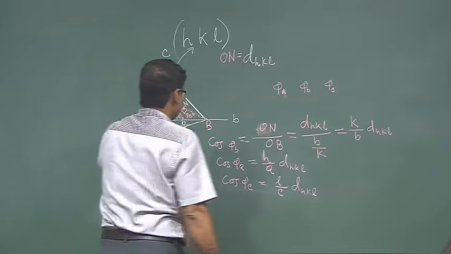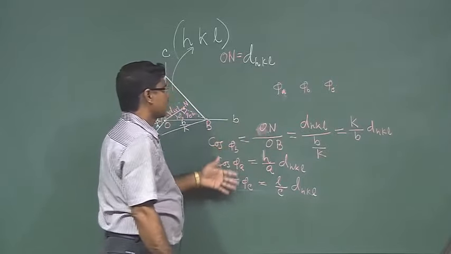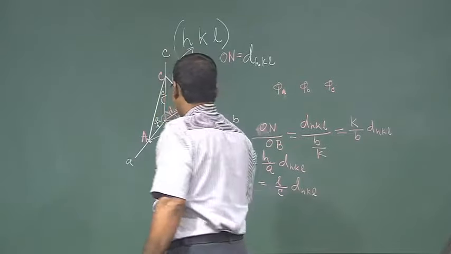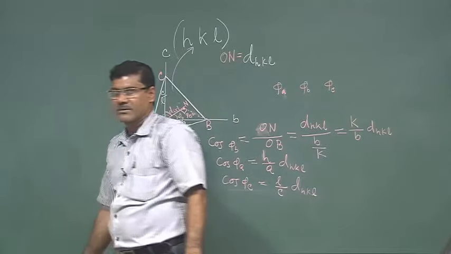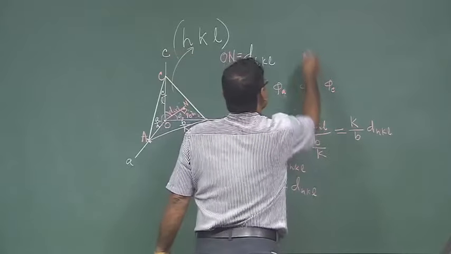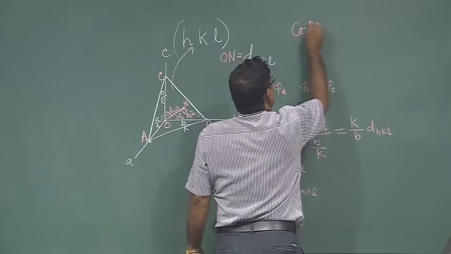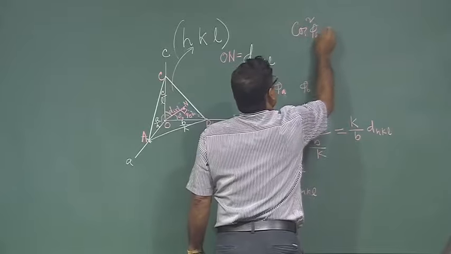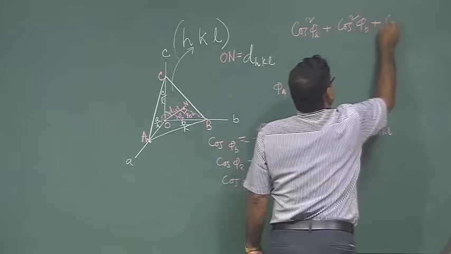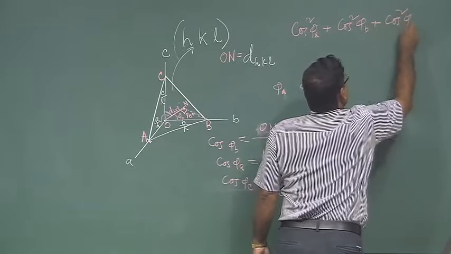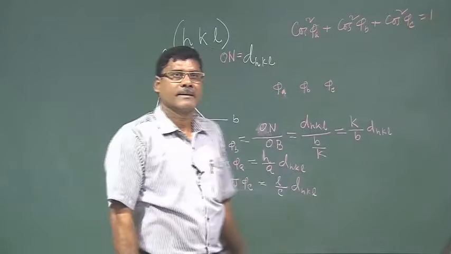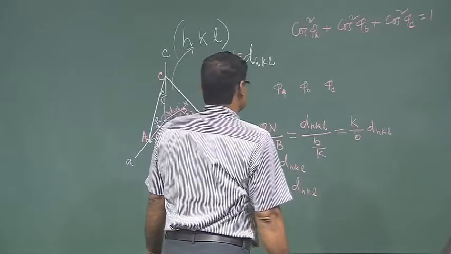So here cos phi A, cos phi B, cos phi C are the direction cosines of this normal. So it follows the cosine rule: cos square phi A plus cos square phi B plus cos square phi C equal to 1.